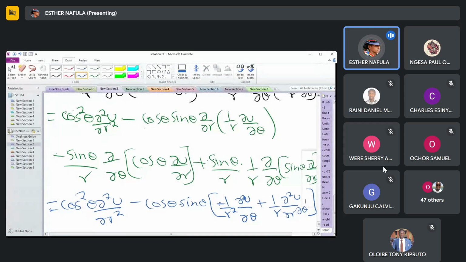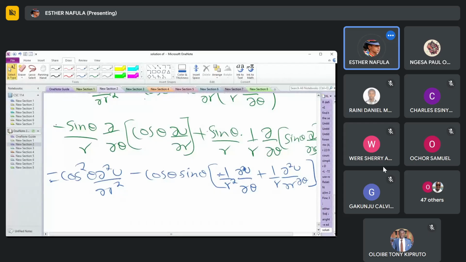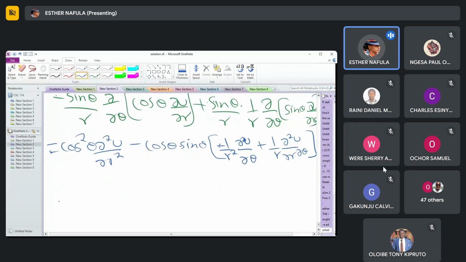Let's move to the third bracket. Outside we have minus sin theta over r. Then let's apply the product rule. Differentiate cosine holding partial u partial r constant, then differentiate partial u partial r holding cosine constant. What do you have?